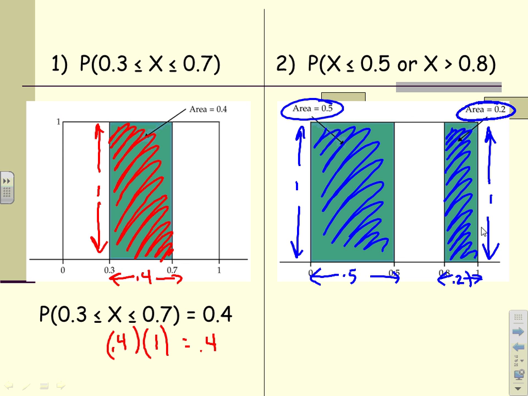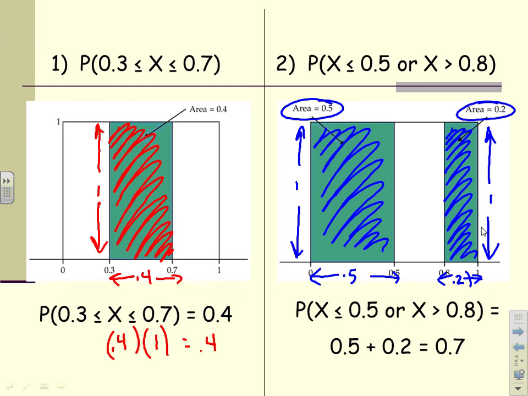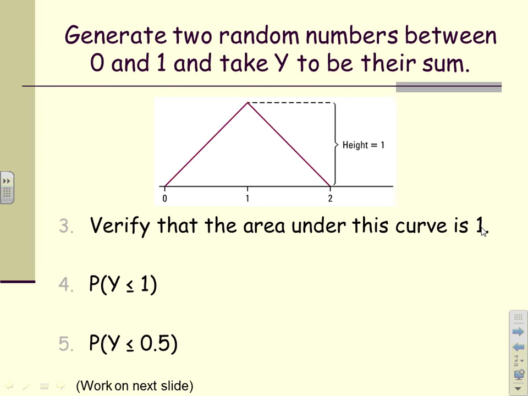And if we add those two together, we end up with a value of 0.7. Now, alternatively, we could have found the area between those two values. And since that's the area we don't want, we could have just taken that away from 1. And that'll work just as well. Your choice on that situation.